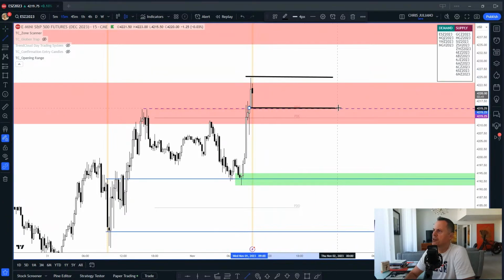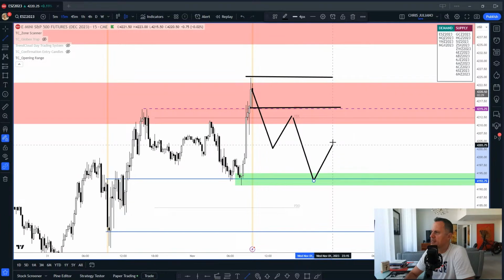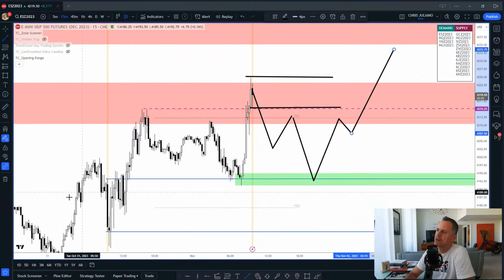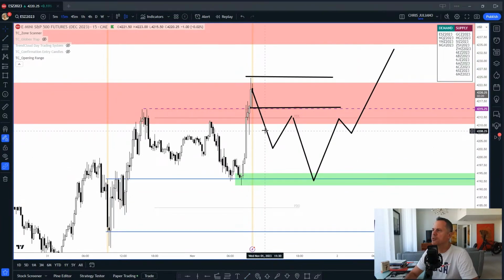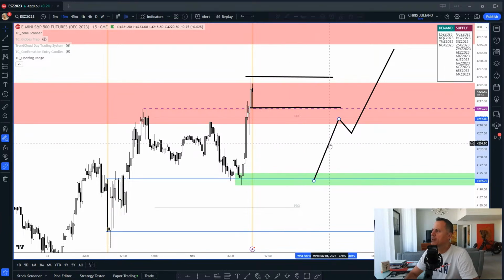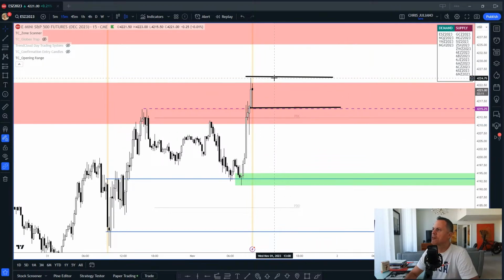Let's say this is the opening range and we pull back, it's going to break out to the downside maybe. Do something like this. Form that classical head and shoulders pattern. That's a possibility. We have to see. Either way, we would have to wait for price to come back to that zone.